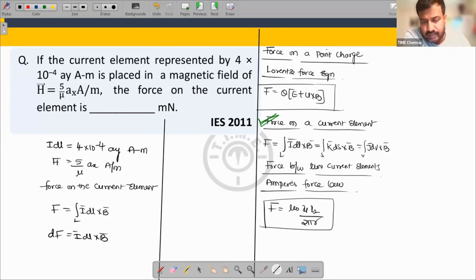Shall we have the timer on otherwise? Where is the timer?